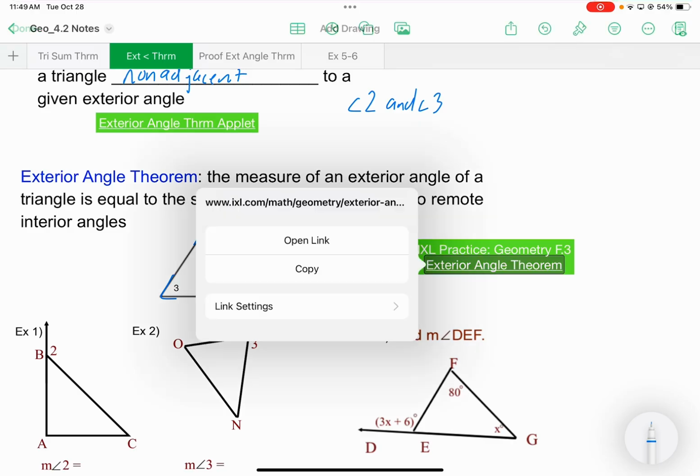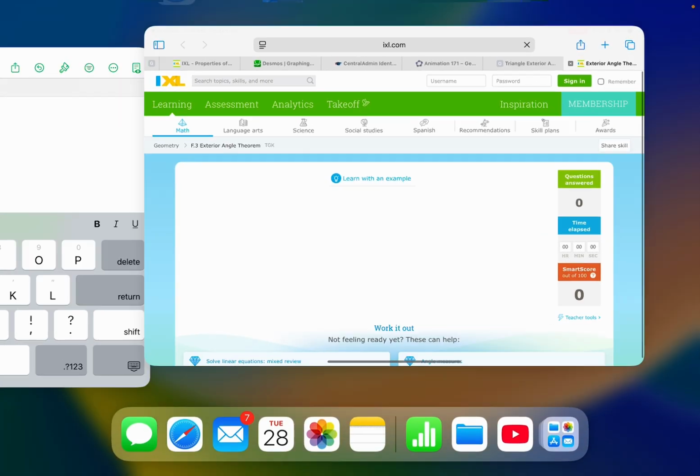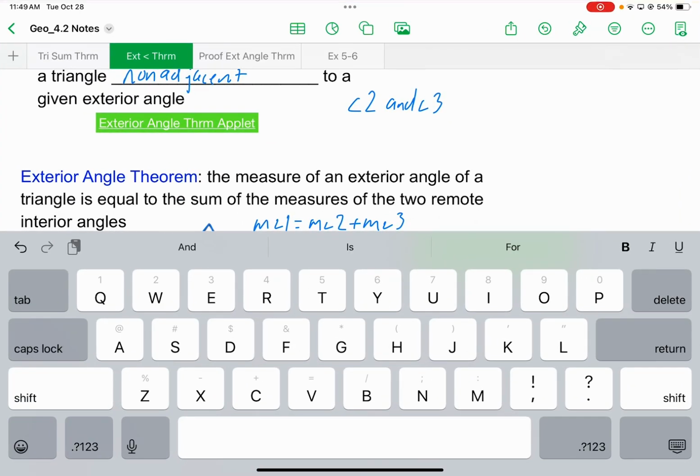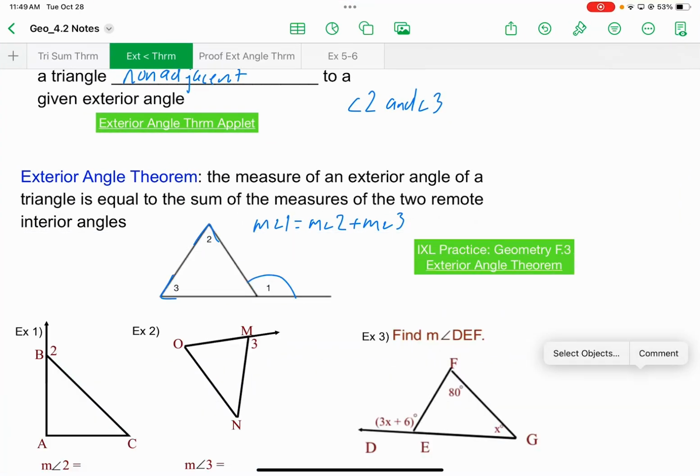Hey, let's tap this and use this real quick. IXL practice. You guys have used IXL in the past, right? I haven't used it in so long. Wait, really? I just figured you guys would have used it last year. No, I haven't used it since like 5th grade. Wait, what? You guys been using it in grade school? I didn't know that was the case.